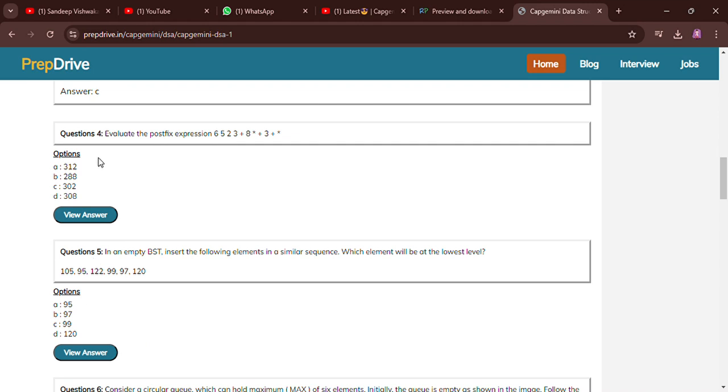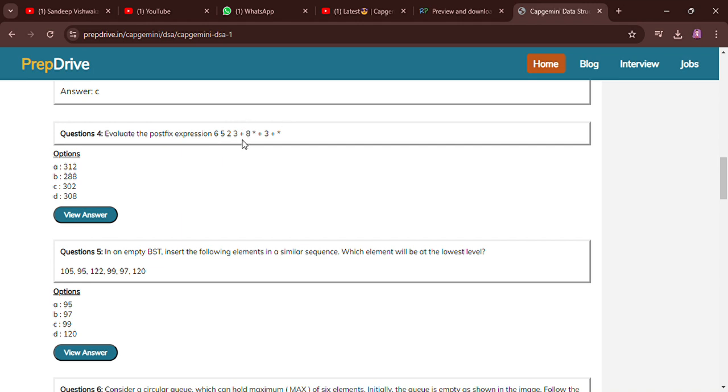The fourth question is: evaluate the postfix expression, and the given expression is this, and we have to evaluate it. We evaluate it using the stack data structure. In the stack we push 6, then 5, then 2, then 3.